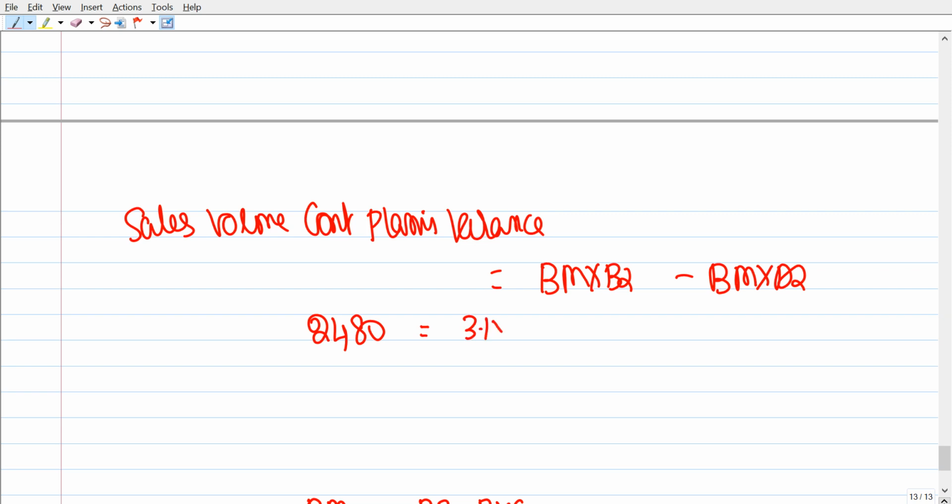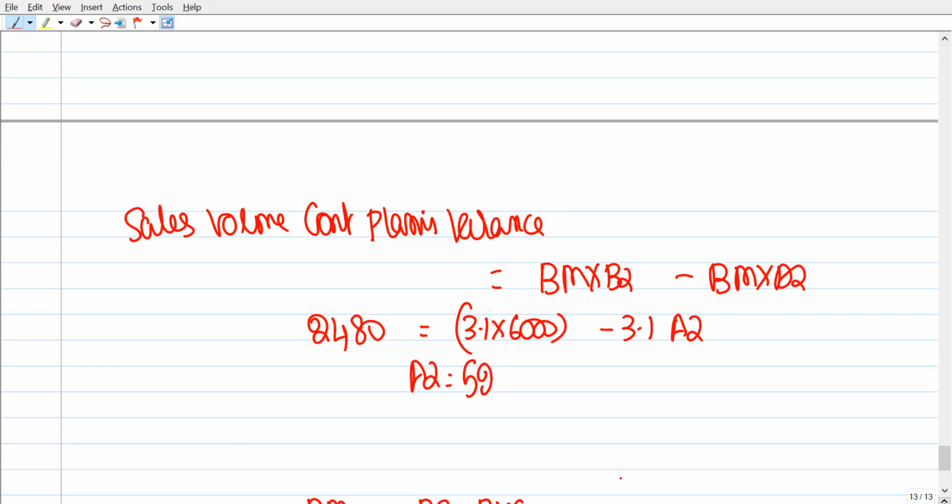3.1, what was the original budget? 6,000 minus 3.1 AQ. This AQ refers to the new budget. Tell me what should be the AQ figure, which is the new budget. 5,200?